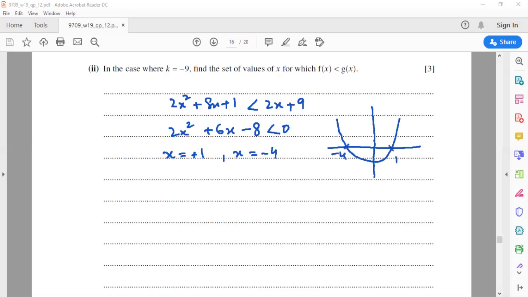Since we are looking for values less than 0, all these values are below the x-axis, lying between minus 4 and 1. So the inequality is minus 4 less than x less than 1.